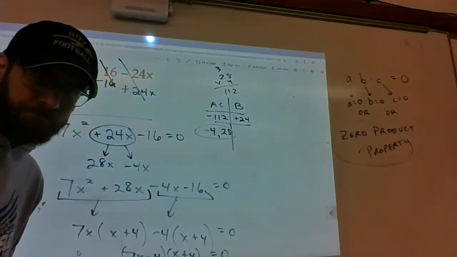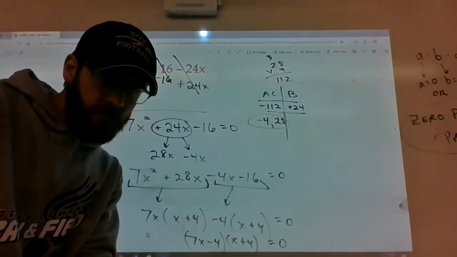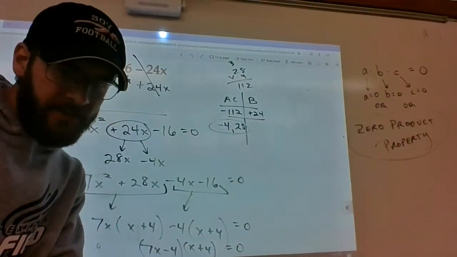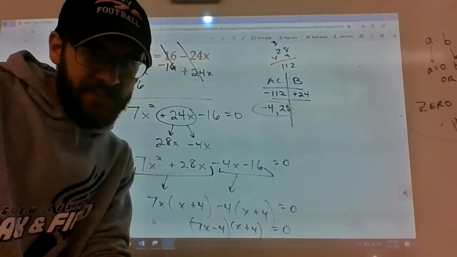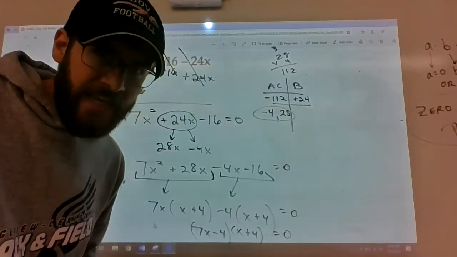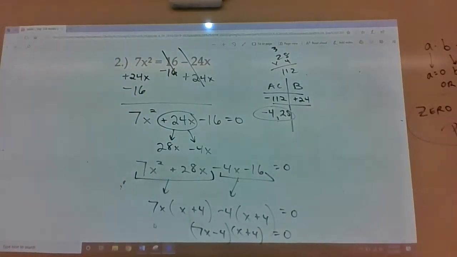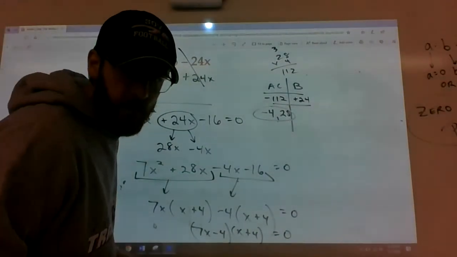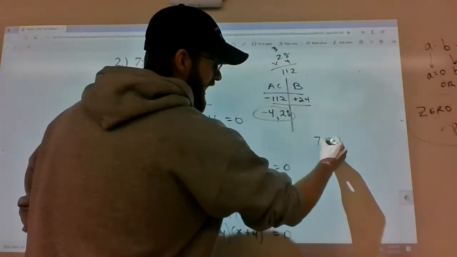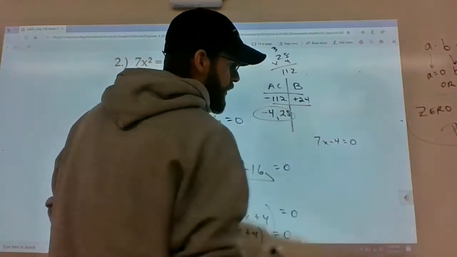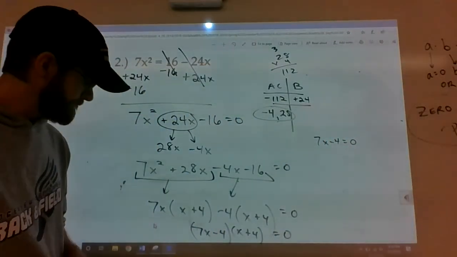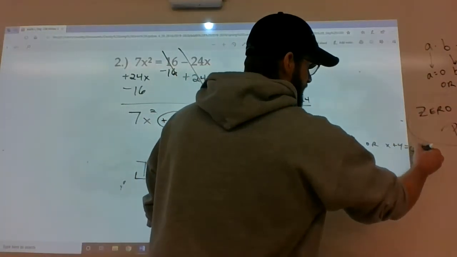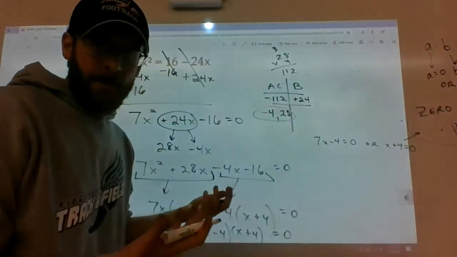And now we use the zero product property to split apart 7x minus 4 equals 0 and x plus 4 equals 0. Let's get a new marker here. So 7x minus 4 equals 0 here, or x plus 4 equals 0. That's what the zero product property means.